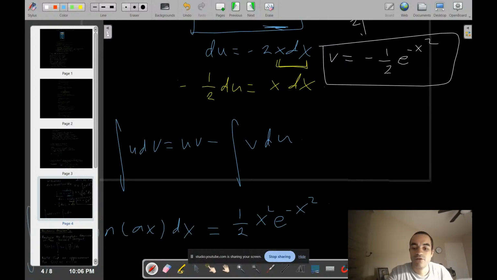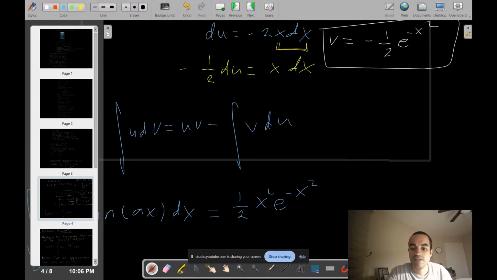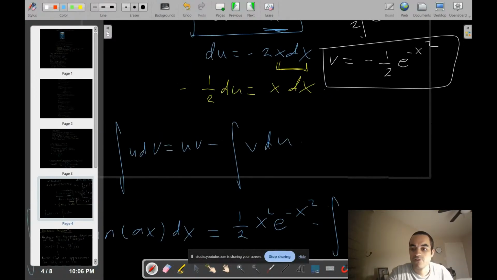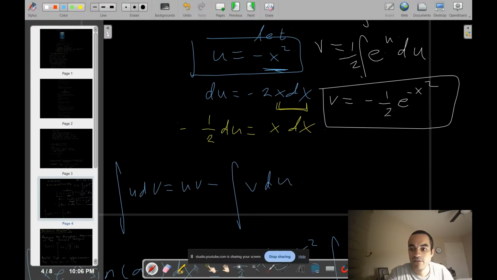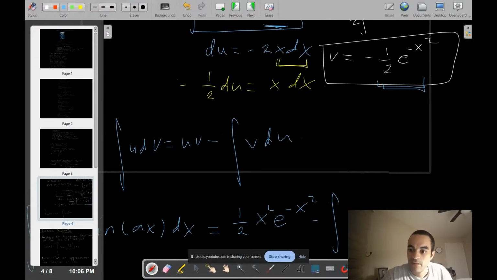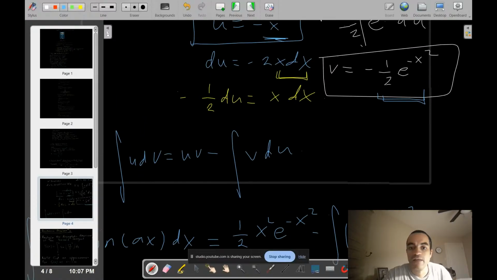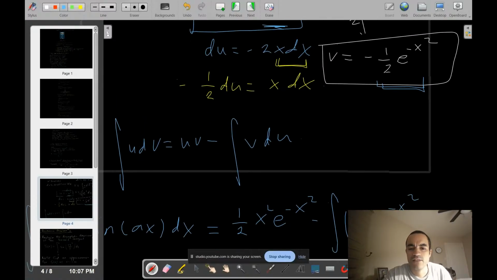Okay, so we got that part. So u times v minus the integral of v du again, right? So this is going to be minus 1/2 e to the negative x squared, then du is the minus 2x dx.